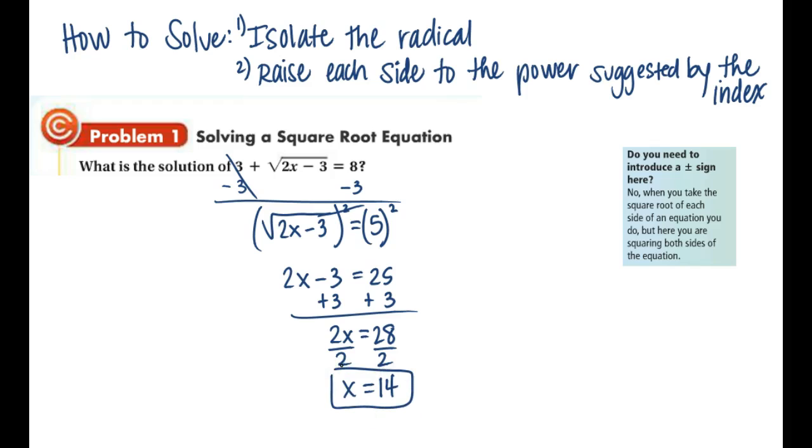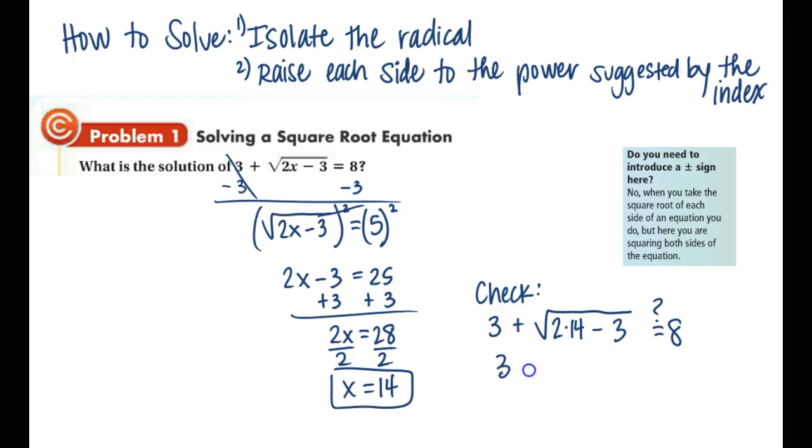In each of these problems, you always want to check your answer, because there is a possibility of getting an extraneous solution. Just like we've done in the past, the way that you check your answer is you take your final answer and plug it back into the original equation. So I'm taking 14 and plugging it in for the x, and I want to see if that left side is equal to 8.